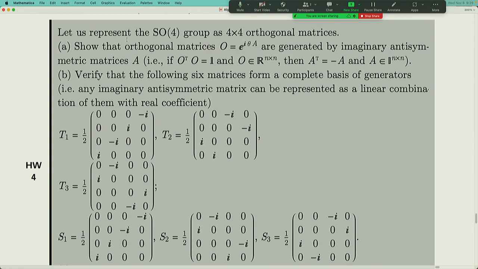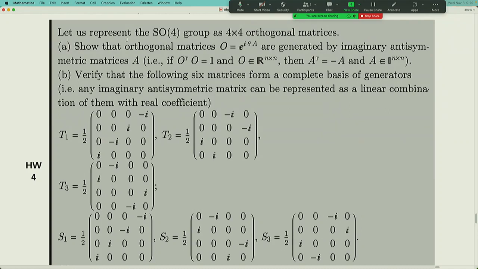For example, this is an example of a purely imaginary number. Of course, 0 is also along the imaginary axis, so it's allowed. And then this matrix is only made of purely imaginary numbers. Of course, maybe there's also a 1/2 factor in the front, but it doesn't matter, it's still purely imaginary.